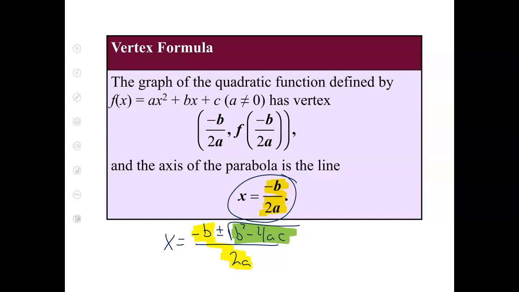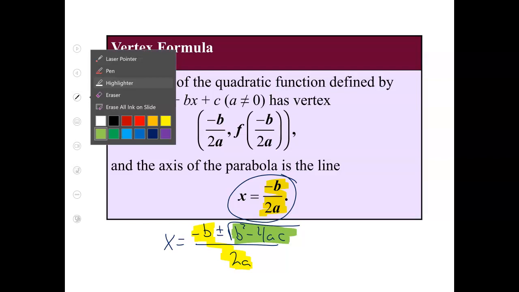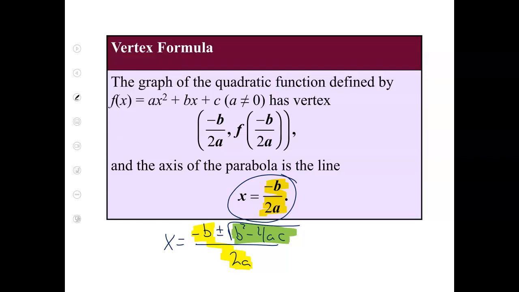And then it gives me the x, and the reason the quadratic formula gives us the x-intercepts is because it's based off of, hey, here's where our vertex is, and then this tells us how far away from our axis of symmetry our x-intercepts are going to be. So it tells me where the axis of symmetry is. So I draw a graph, and I have a vertex that's here, right, with an axis of symmetry.